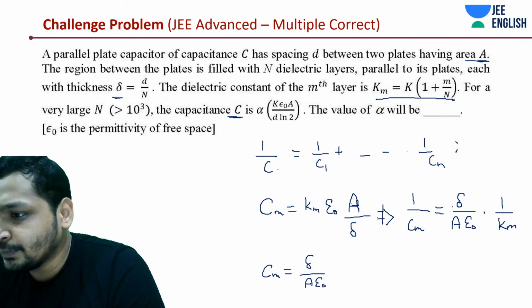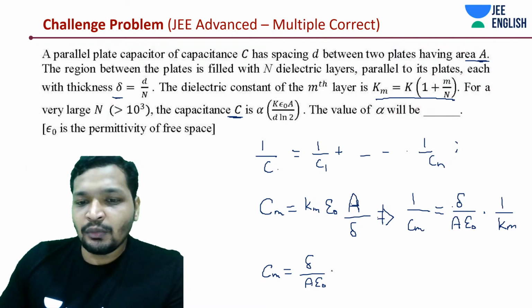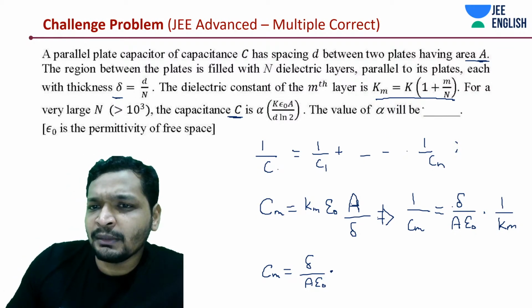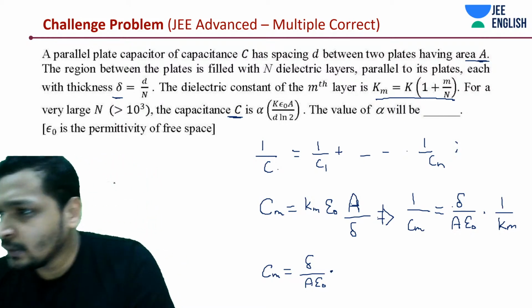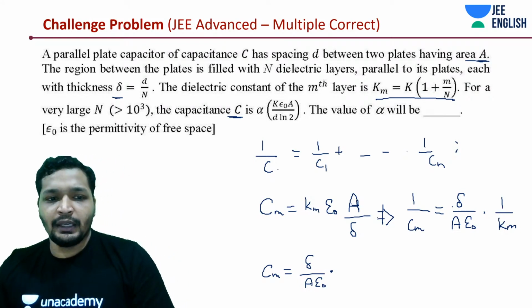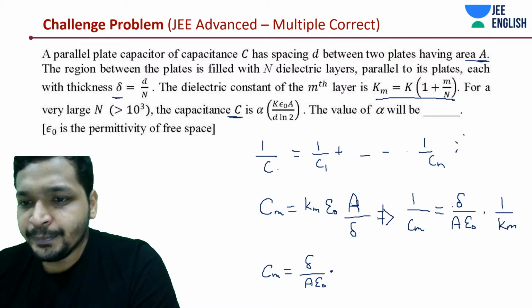It's quite simple. How much is this 1 by Km? K is K into something, so I'm going to shortly write the value of 1 by Km, maybe over here.